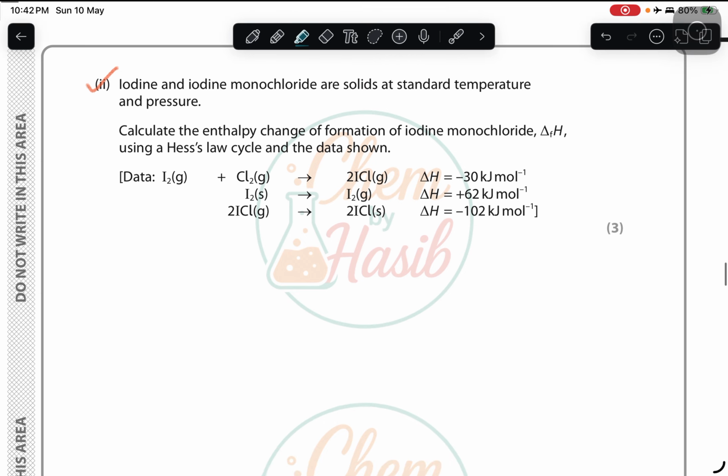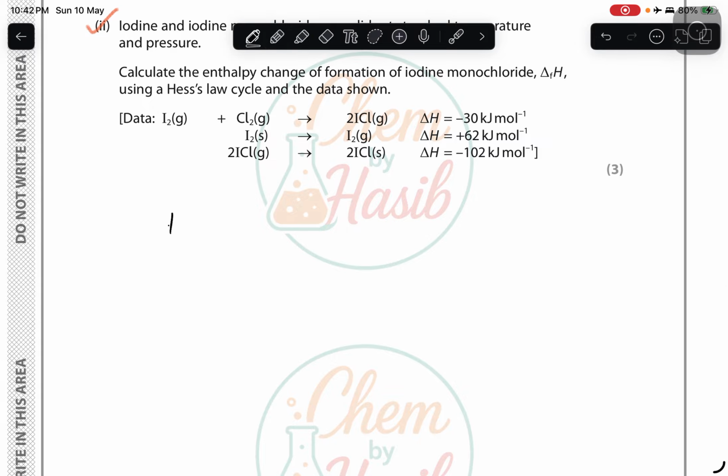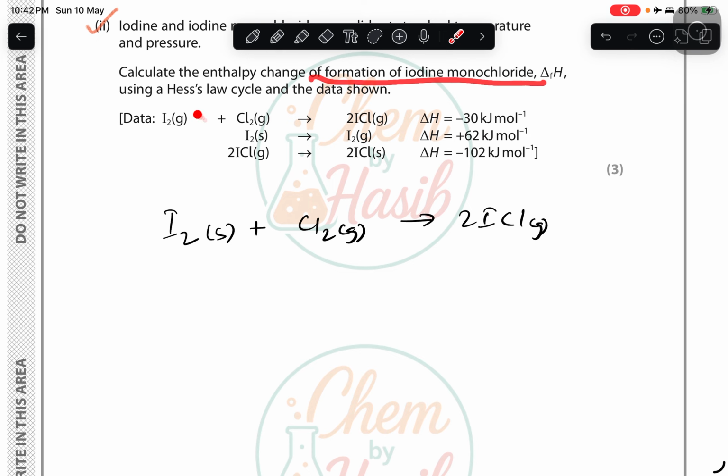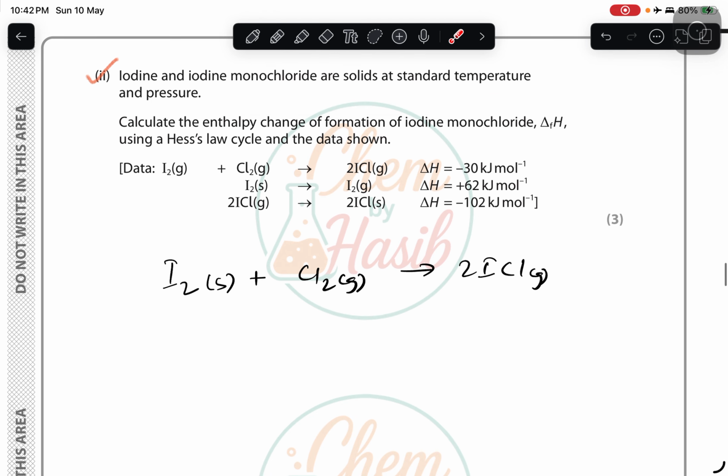So the equation is I2 gas plus Cl2 gas gives you 2ICl gas. You have to find the enthalpy change of formation of iodine monochloride. If you want to find the enthalpy change of formation, then iodine should be a solid, because it says these are solids at standard temperature and pressure.